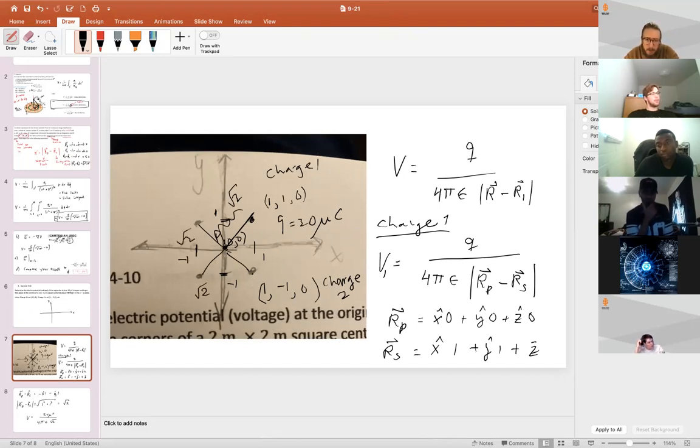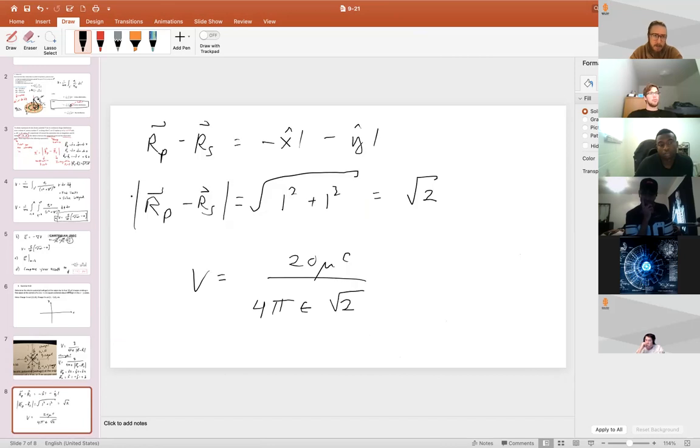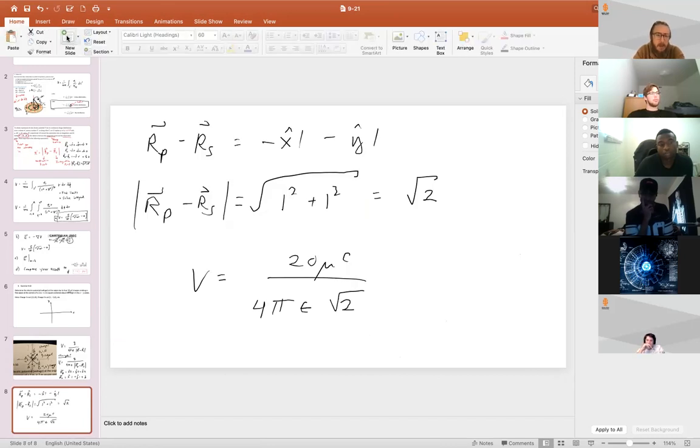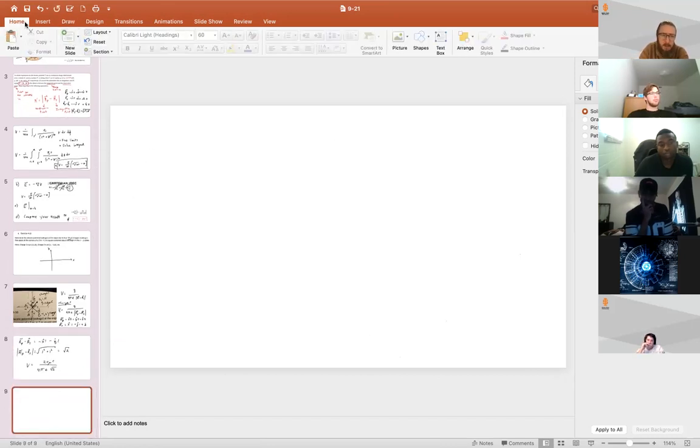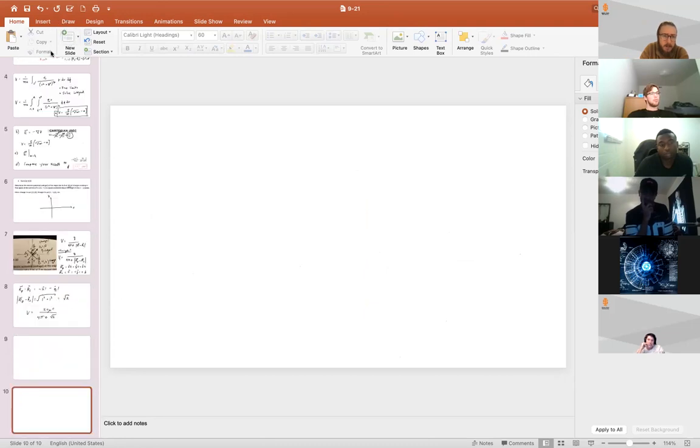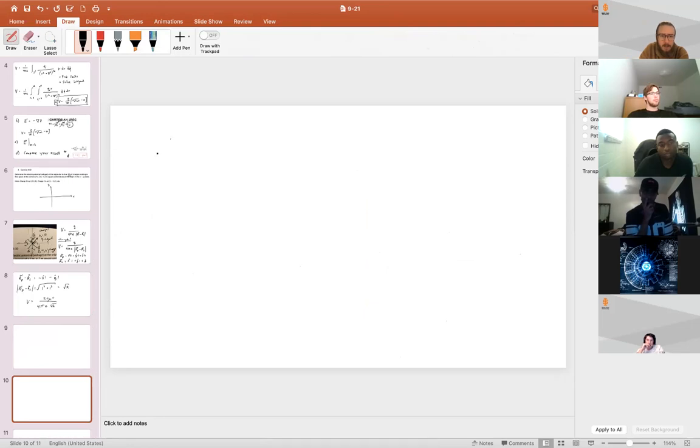Now, do you remember superposition? Superposition works for electric fields, and we had this relationship where electric fields are equal to this.